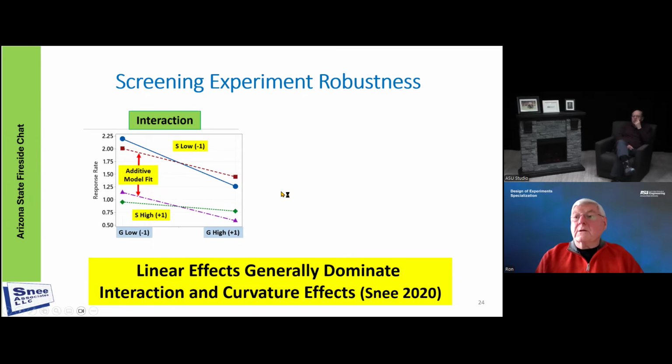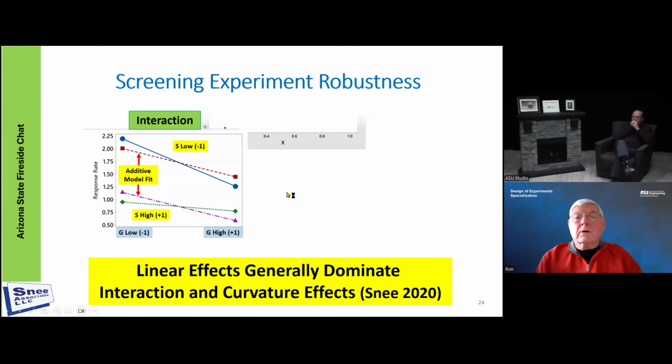So you're not going to miss many interactions. Now, there's something called the scissors interaction. If you have a scissors interaction, the linear model is going to miss it. But there are no guarantees in life, and there are no guarantees using screening designs, but it's a good way of working at it.